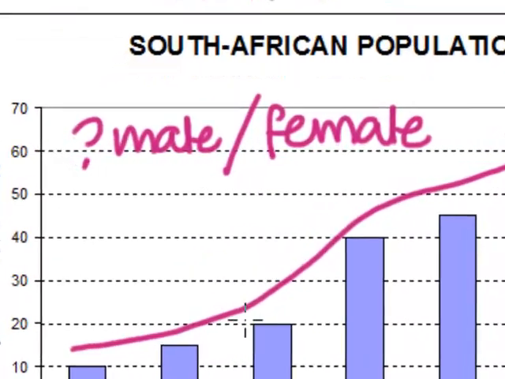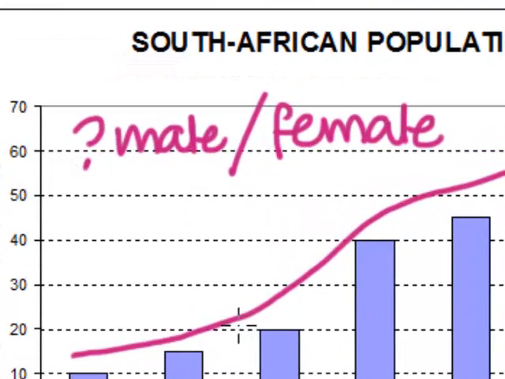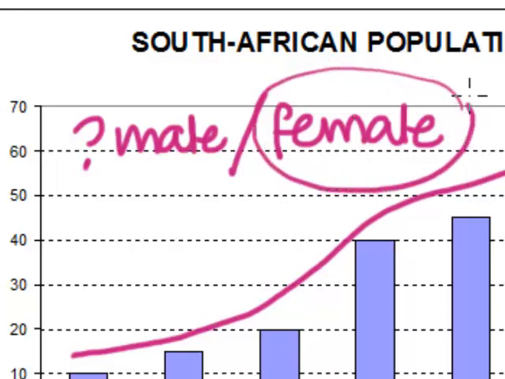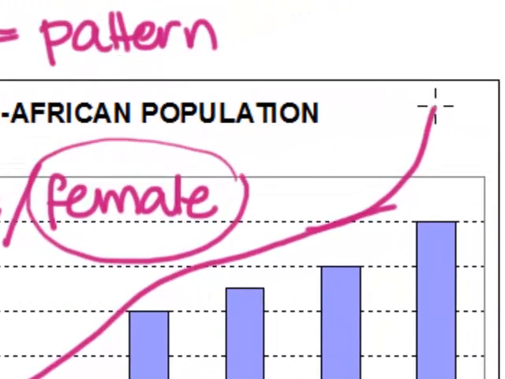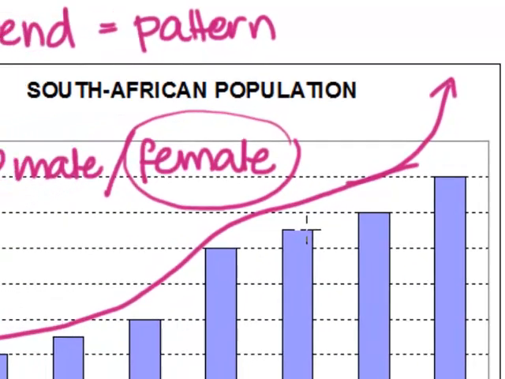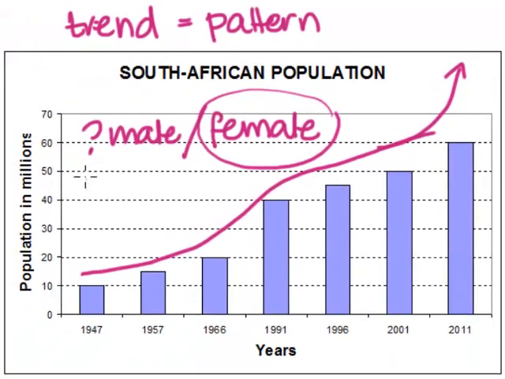We don't know if males are the majority in the population or is it females, because if young females are the majority of the population, we must expect this growth rate to increase. Is the population made up of old people, for example? We don't know the age ranges of the majority of people in the population.